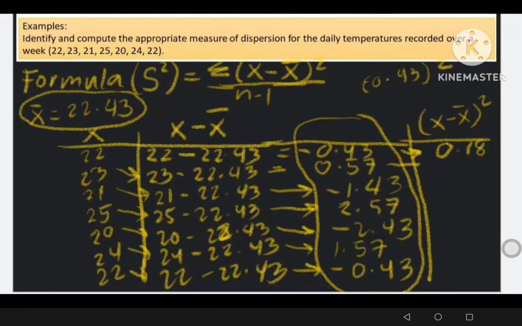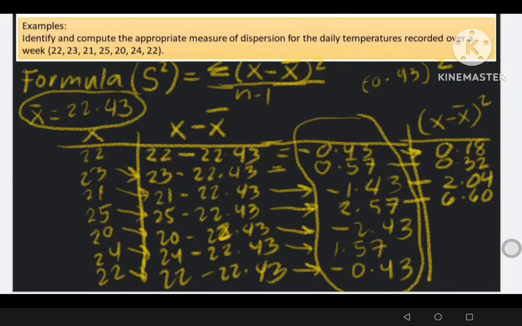Next, 0.57 squared, that's 0.32. Next, negative 1.43 squared, that's 2.04. Next one, 2.57 squared, that's 6.60. Squared, you can just multiply it by itself if you don't know squared. So 2.57 times 2.57, same result.